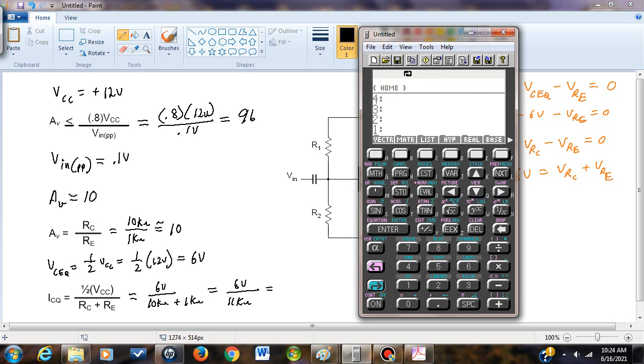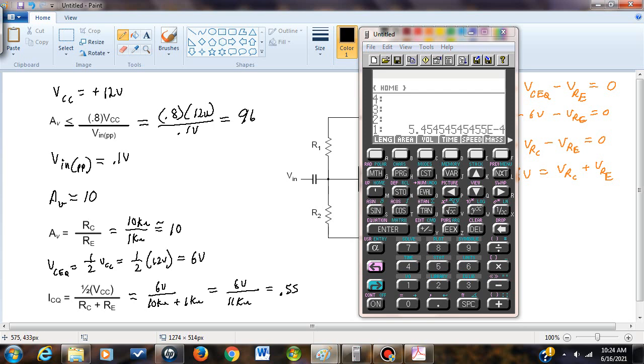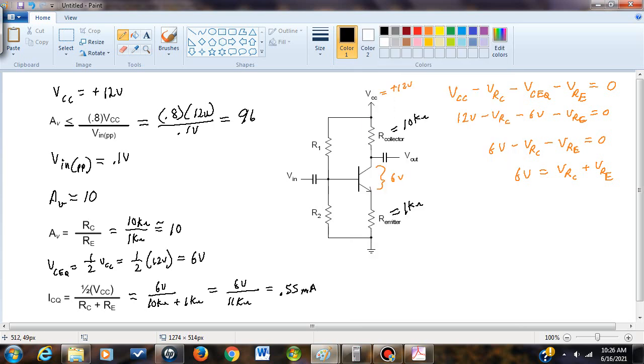That gives us a current of 6 divided by 11k, which gives about 0.55. That's 0.55 milliamps.